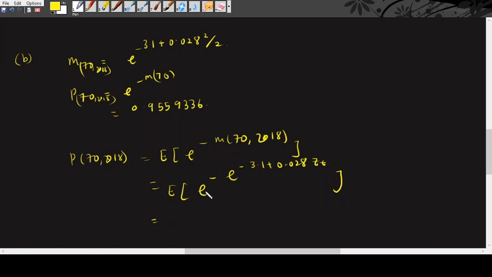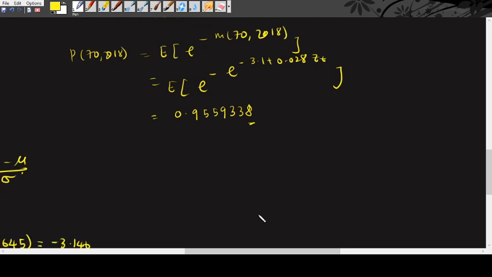This expected value is quite complicated, so you need a programmable calculator or computer to solve this. This one is equal to 0.9559338, which is roughly not the same as this one. The way of calculation is also a bit different, but it is almost the same. It's just an estimate.